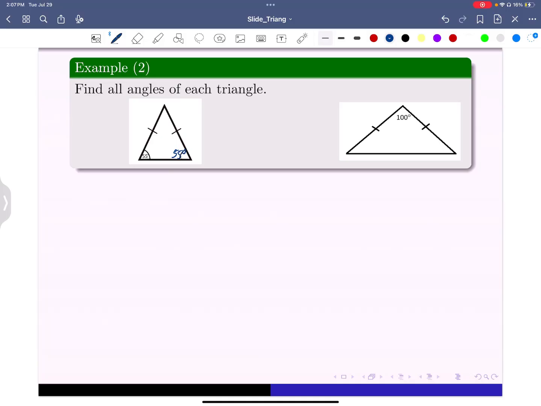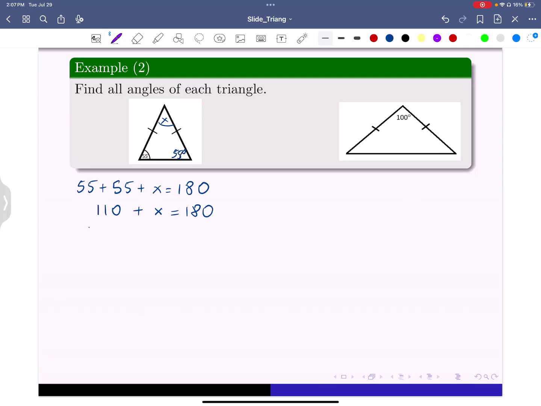The third angle we can call x because at this point we don't know it. But once we add all three, it is 180 degrees. So 55 plus 55 plus x is 180, and 55 plus 55 is 110 plus x is 180.